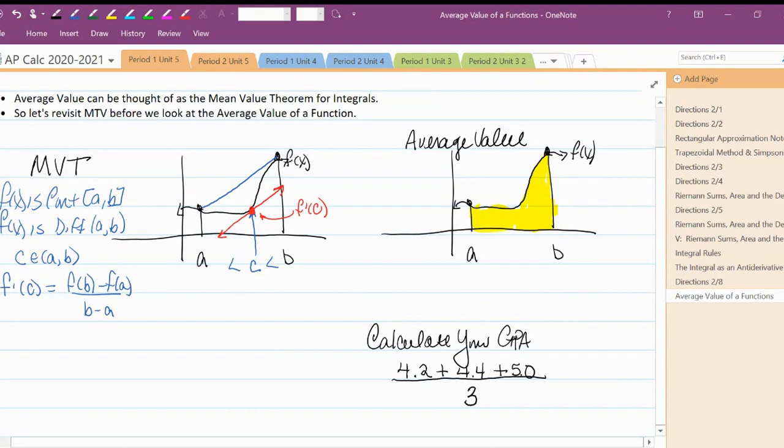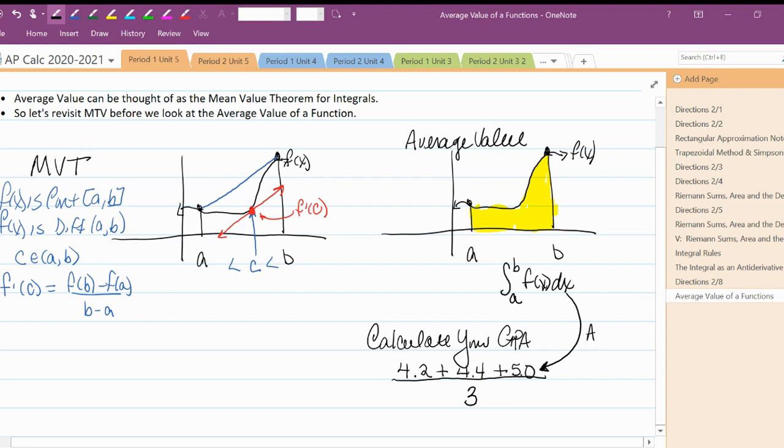So we're going to think about the same thing here. How do we add up the outputs of our function f of x? Well, we do that by the integral, the definite integral from a to b of f of x dx. This is like our adding here.